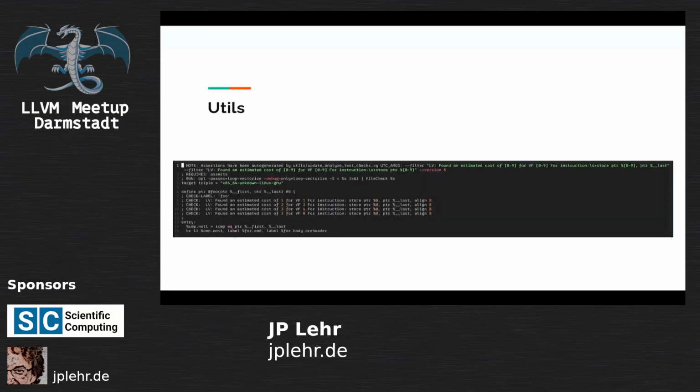Okay, so here, this is actually something from the example that I'm going to walk you through at the end of this presentation. And we see here at the top it says, note assertions have been auto-generated by util/update_analyze_test_checks.py with the filter argument LV: found estimated cost of something for VF, something for instruction, blah, blah, blah.